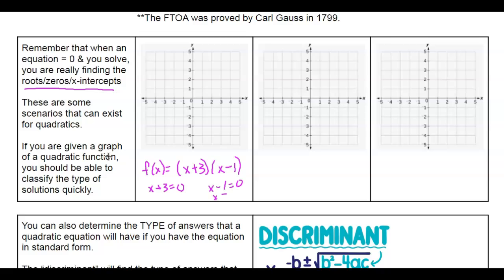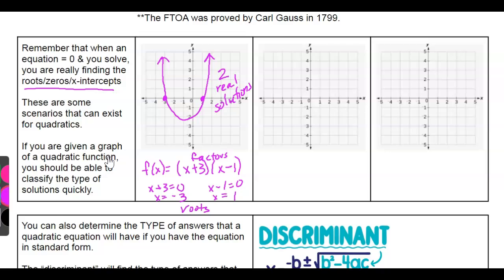So add 1, subtract 3. And so remember, our roots were the opposite sign of the factors. So that means at -3 and at 1. And then I would have a parabola. Remember, my vertex was exactly in the middle, but I'm just going to eyeball this, okay? And so I could have 2 real solutions.